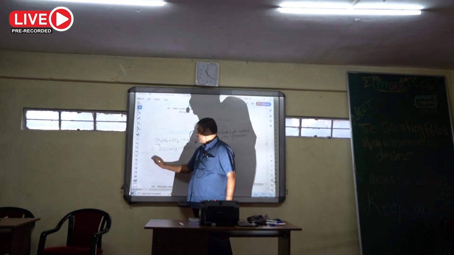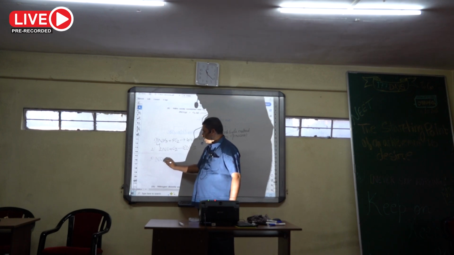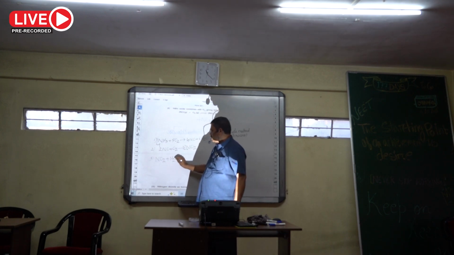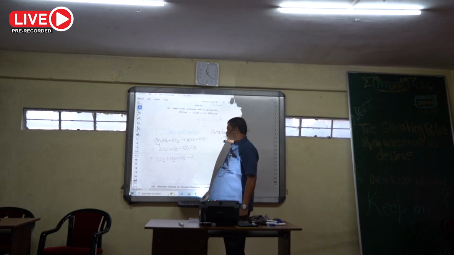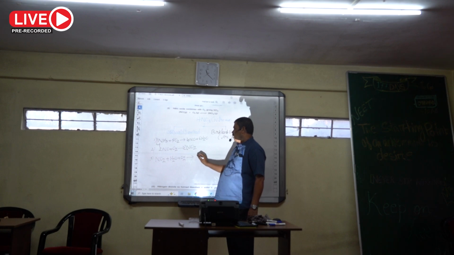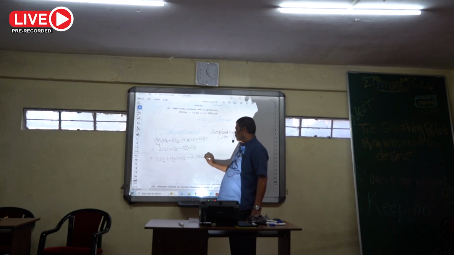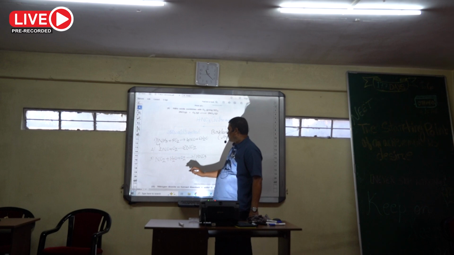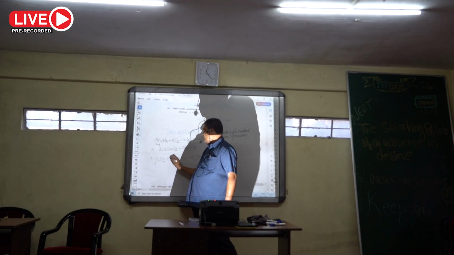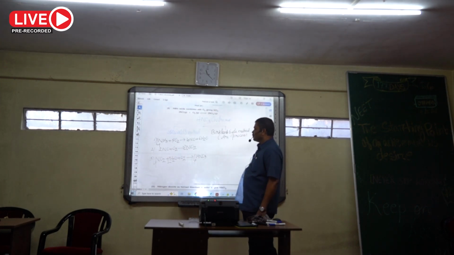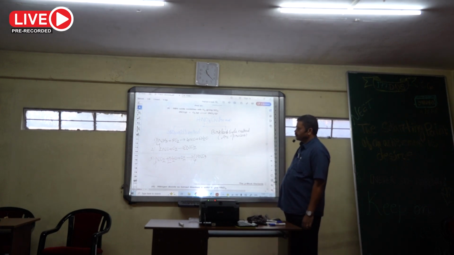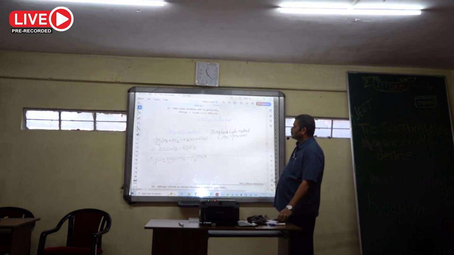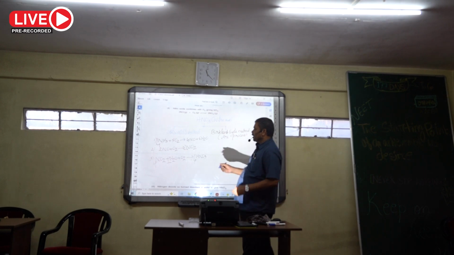In the third step, the formed NO2 is dissolved in water in the presence of oxygen to form HNO3. This is Ostwald's method. Here platinum catalyst.